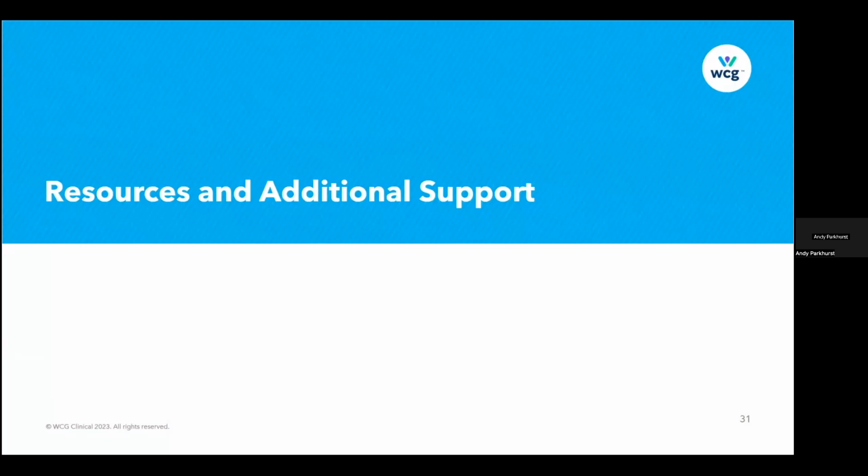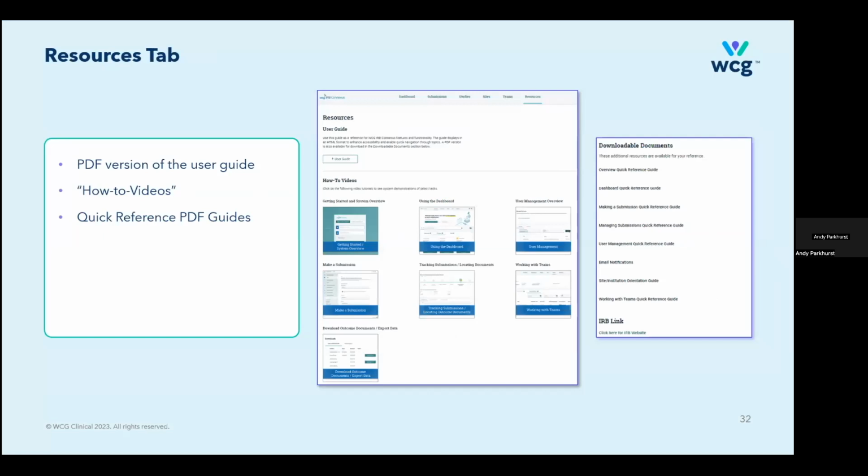For some additional resources and support, the last tab in the Connexus webpage is the Resources tab. Here you will find our user guide, which is a very detailed PDF document. I think it's over 250 pages now because we've added pictures. It's a very thorough guide if you ever need to find something specific and I'm not available or our client care team is not available to help, such as really late at night.